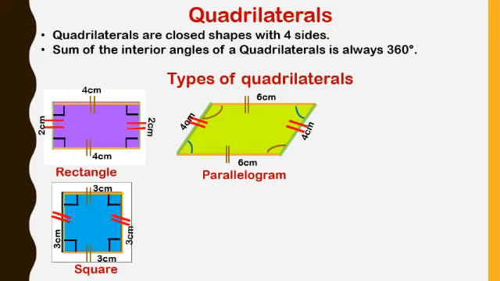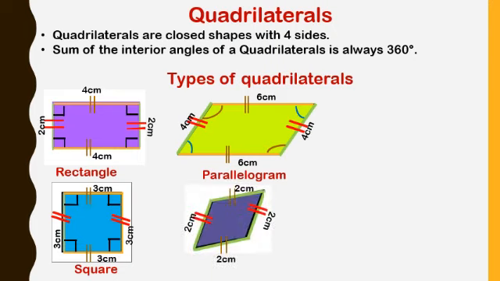Here you can see angles. Here opposite angles are equal. We have to do some problems related to the properties of parallelogram, so I will explain more about parallelogram after this topic.